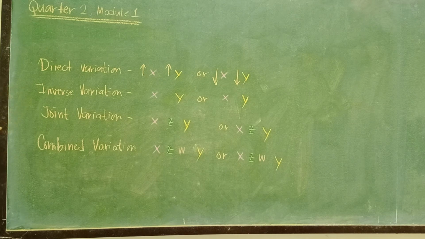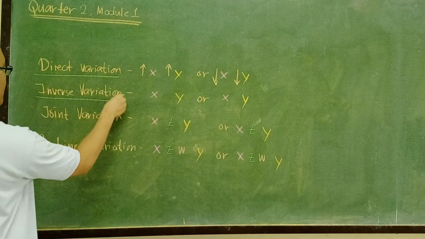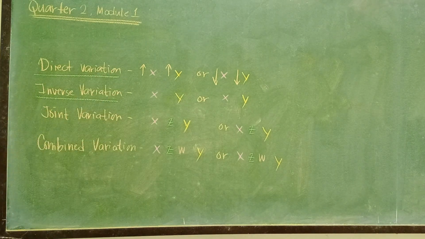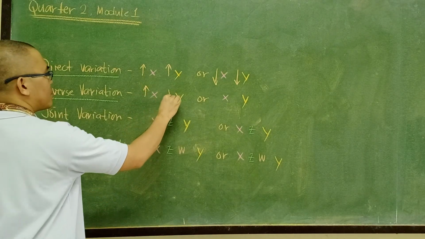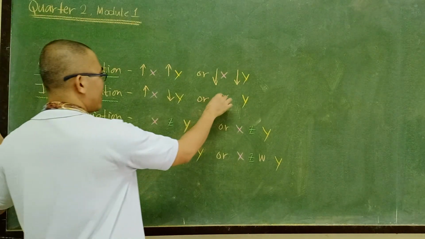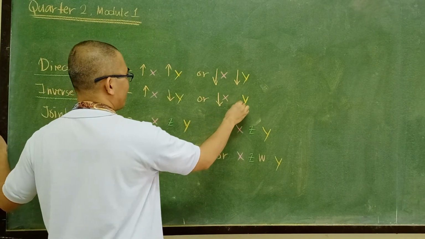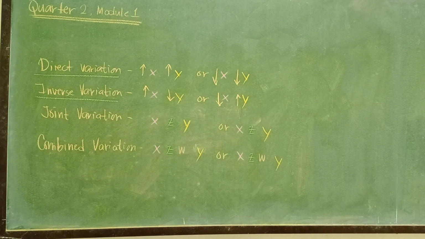Sa inverse variation naman, kapag tumataas yung value ng x mo, bumababa yung value ng y. Vice versa, kapag bumababa yung value ng x, tumataas yung value ng y. So kung titignan mo yung difference ng direct at inverse, yung direct, parehas na tumataas yung x and y. Sa inverse, baliktaran.